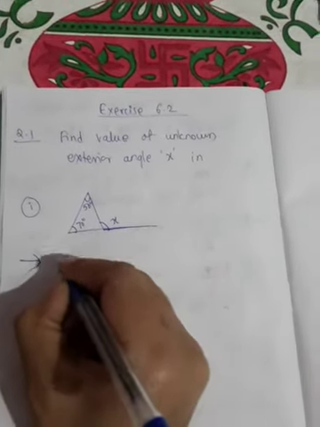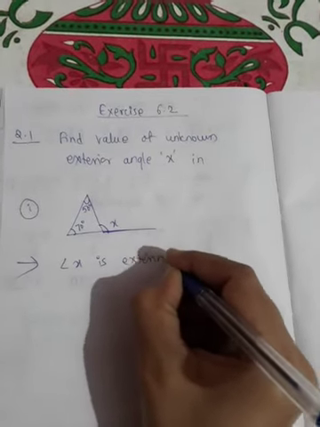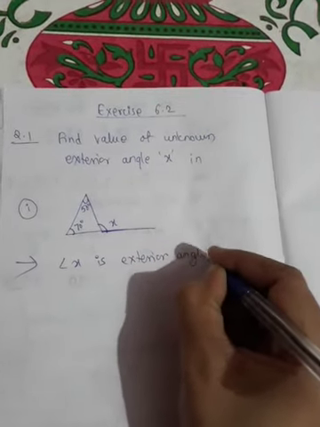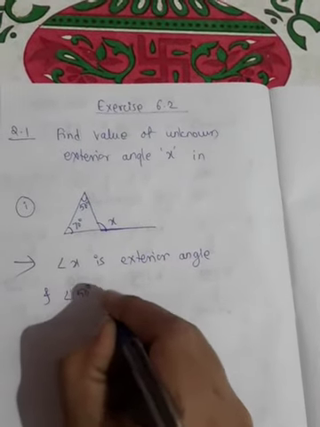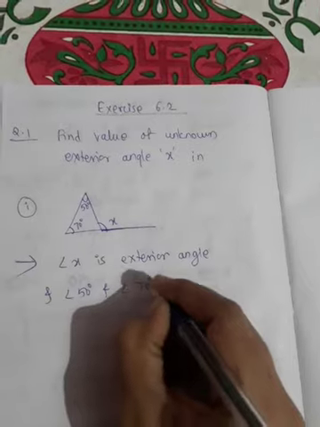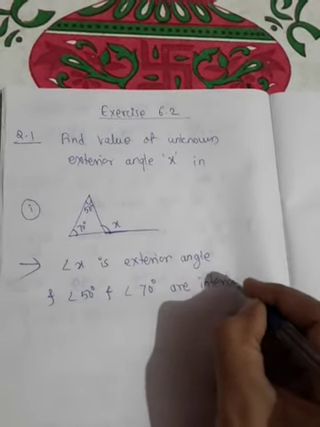So here angle x is exterior angle, and angle 50 degree and angle 70 degree are interior opposite angles.